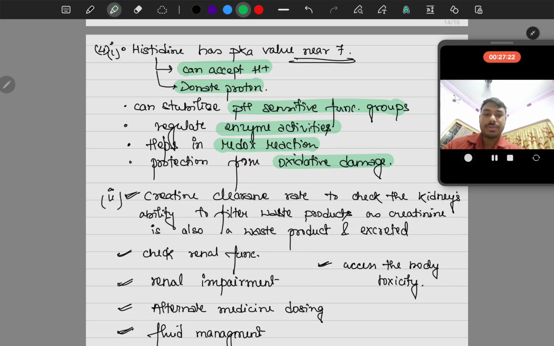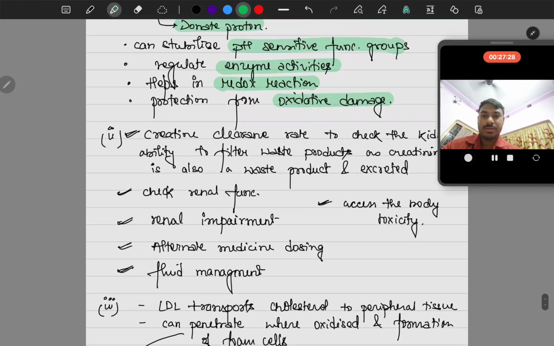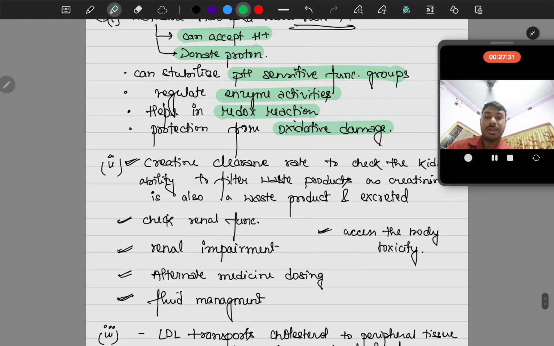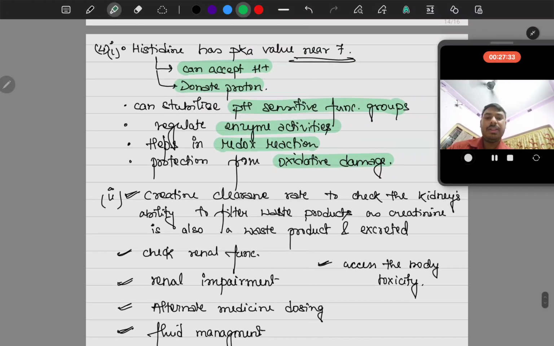Now the next question is, creatinine clearance is important for the checking of renal function. So what is creatinine clearance rate? Creatinine clearance rate is to check the kidney's ability to filter the creatinine per unit time.